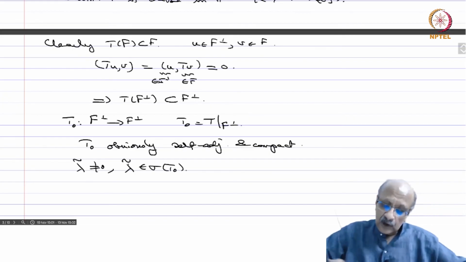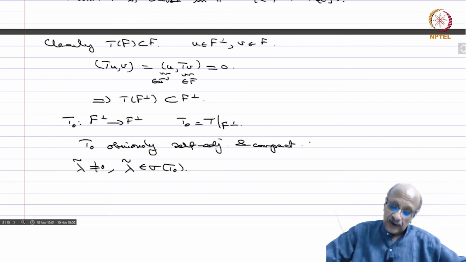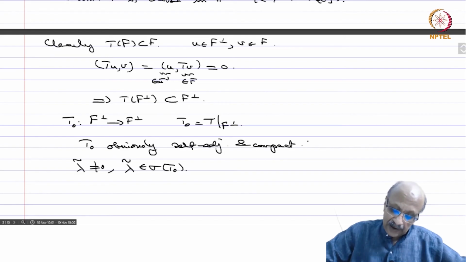So it's a self-adjoint compact operator. F perp is closed, so it's a Hilbert space in its own right, and you have a compact self-adjoint operator in it, and therefore it will have a spectrum. So assume it has a non-zero element in the spectrum, then it's an eigenvalue because it's compact.